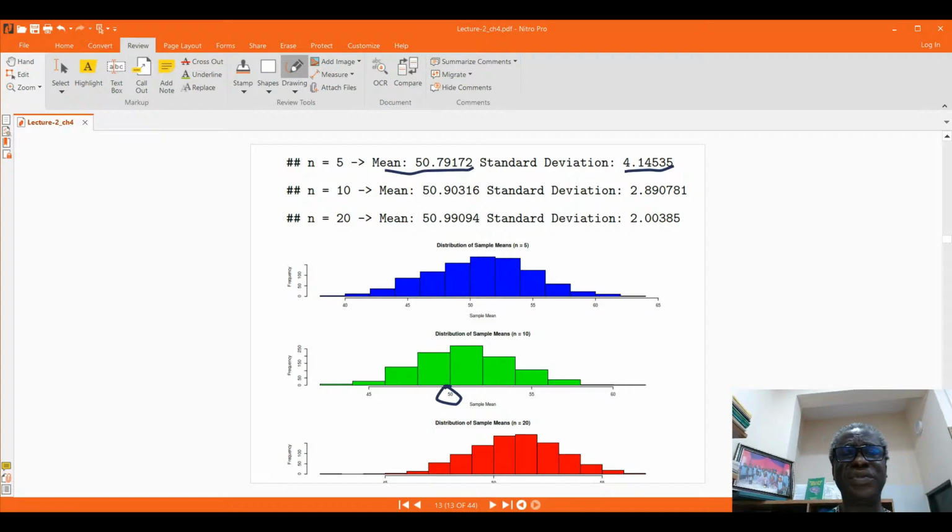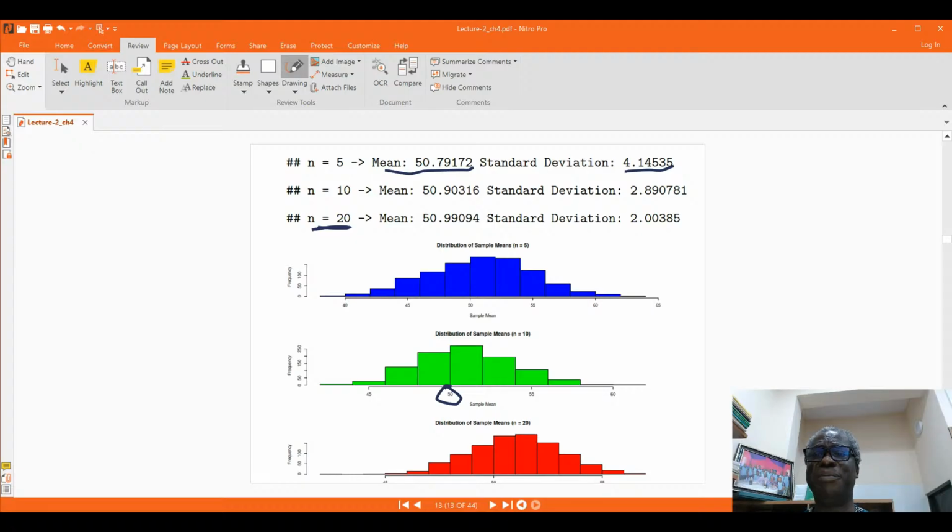And when the sample size increased to 20, of course, the center still remains around 50.9, which means it's still unbiased.